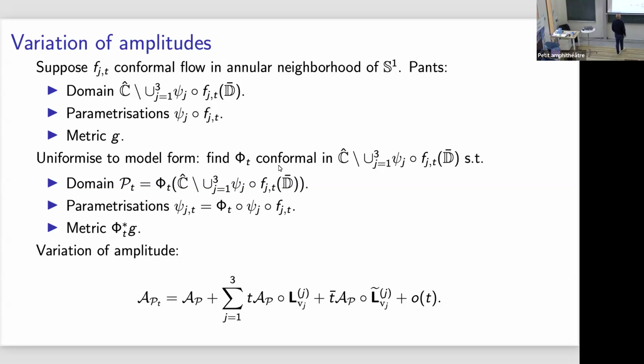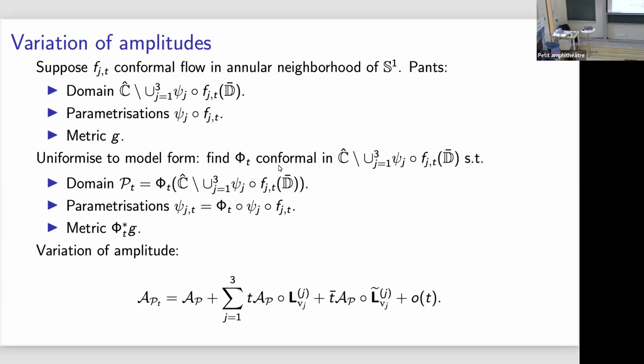Once you have this, because F_j is not holomorphic in the disk, when you compose on the right by this F_j, it's not a model of your annuli, because the points are parameterized by holomorphic maps in the disk. Just to clarify, your F_j is a flow, but not on the disk, in some annular neighborhood of the circle.